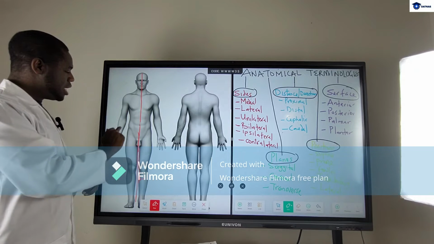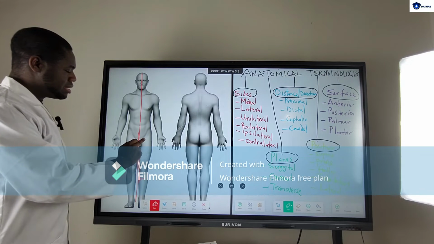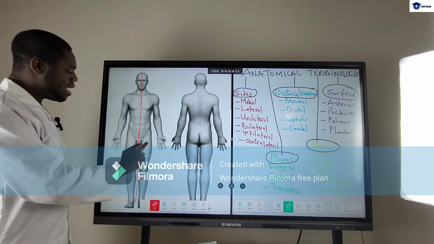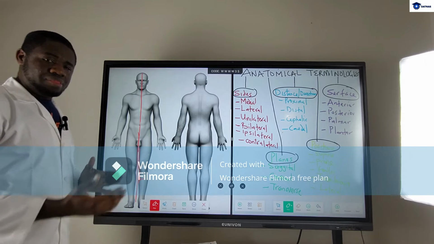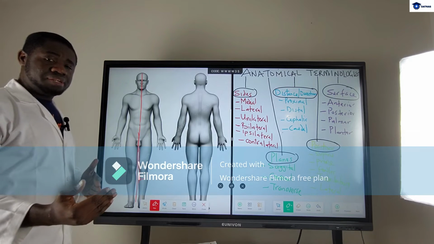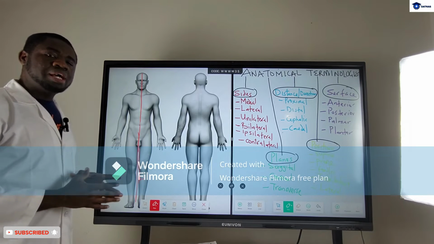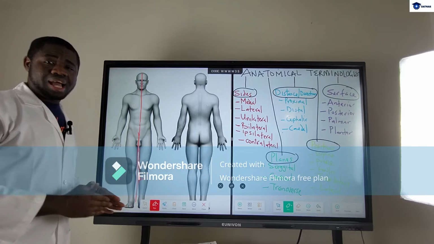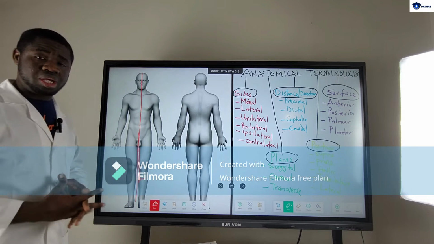The right upper limb and the left upper limb, the right leg and the left leg, the right kidney and the left kidney, the right ovary and the left ovary, the right fallopian tube and the left fallopian tube, the right testis and the left testis. All these structures are paired.